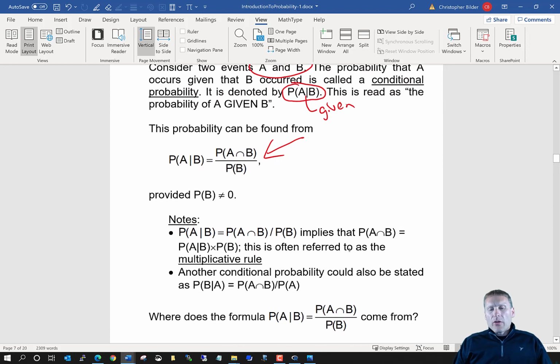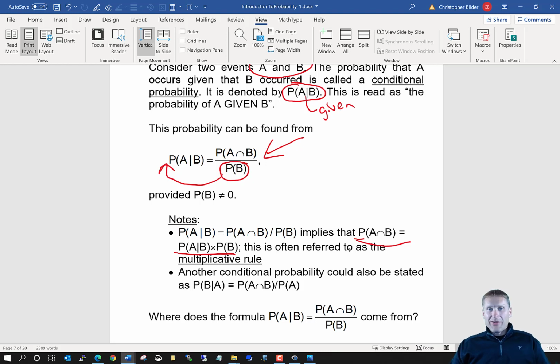Okay, so let's take a look at some other ways to express this. So what I could do is multiply both sides by the probability of B, and look what happens. That probability of B is going to come over to the left side, and so now we have this particular expression here. The probability of A intersect B is equal to the probability of A given B times the probability of B. So now we have another way that we can find this joint probability.